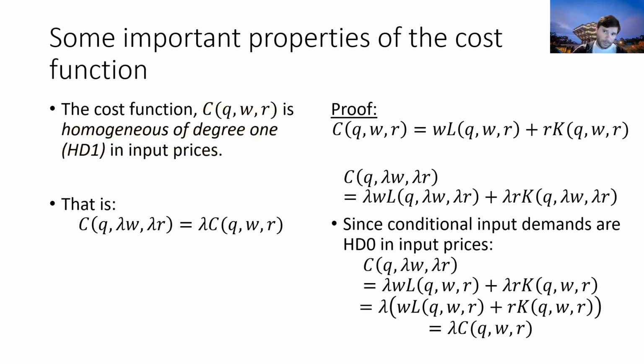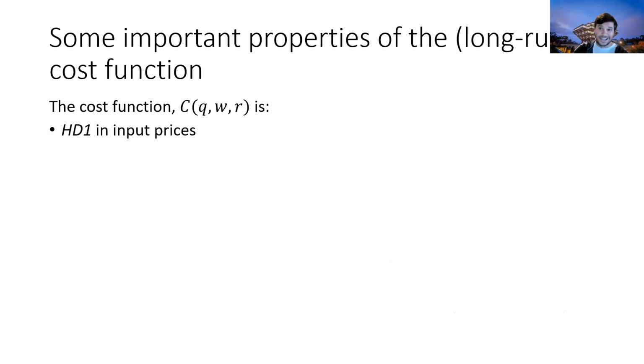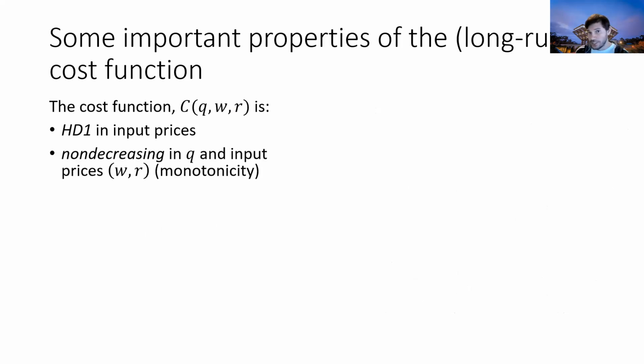Okay, so some important properties of this long run cost function. It's got to be homogeneous of degree 1 in input prices. It should generally be non-decreasing in Q. If you want to produce more, cannot cause your cost to go down due to things like monotonicity. And it should be non-decreasing in input prices.